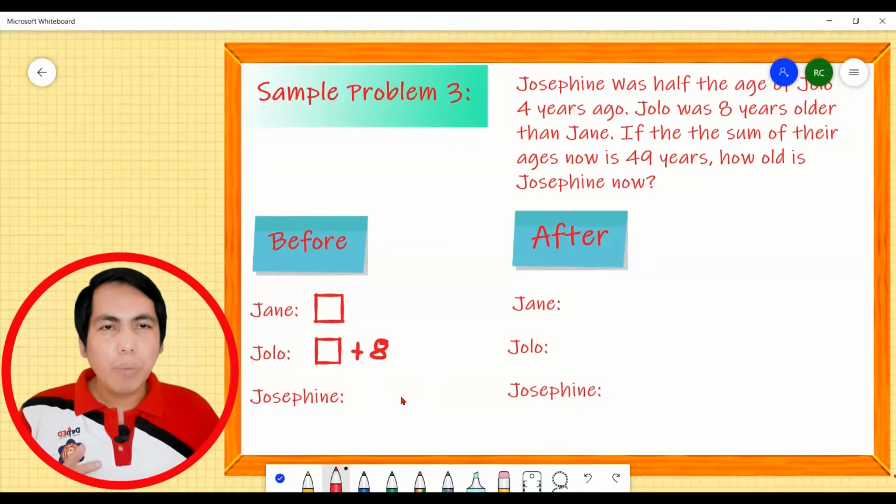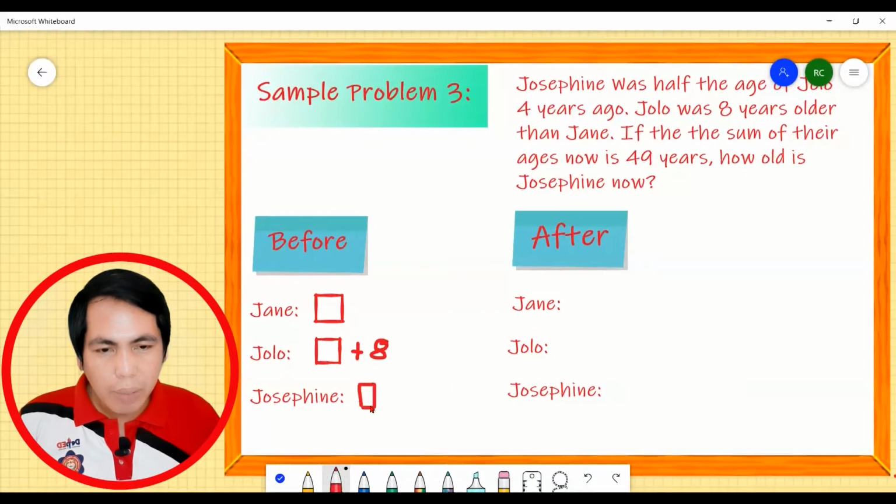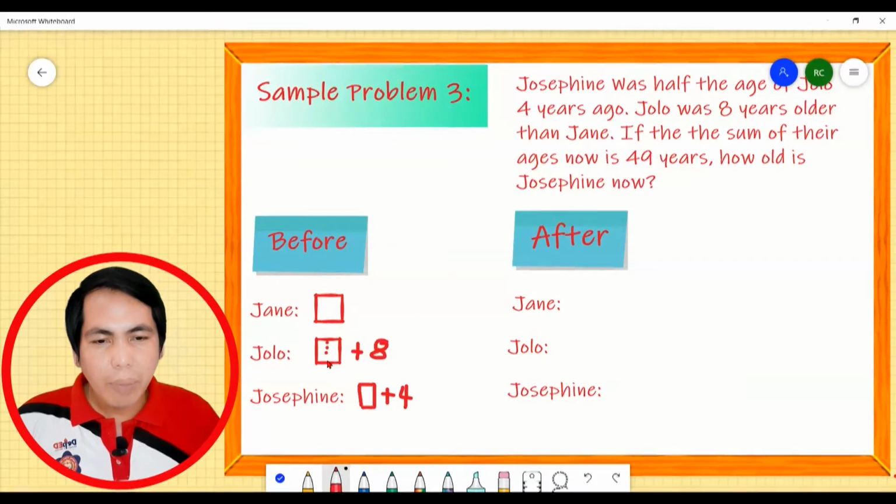So in other words, to represent the age of Josephine 4 years ago, we have to divide this box into 2, and only one of the boxes would be the age of Josephine. So we have this box for Josephine and half also of 8, which is 4. So plus 4. So we can also divide this box into 2.